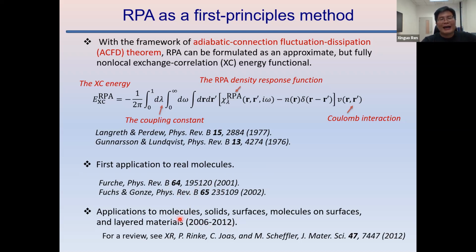And shortly after that, several codes implemented RPA, both for molecular geometries and for solids. And quickly, RPA has been applied to a variety of different systems. And about 10 years ago, we wrote a review article about the theory and applications of RPA in chemistry and material science.